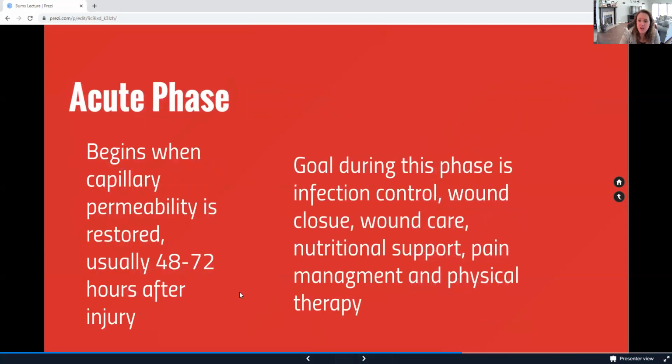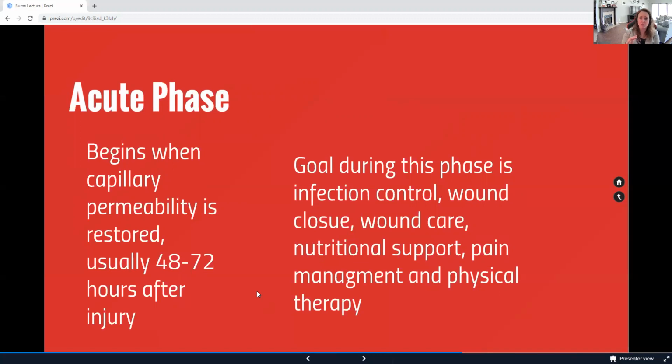And then when we move into the acute phase, this begins when our capillary permeability is restored. So we're no longer just leaking like a sieve everywhere. Our fluid has stabilized and is staying in the intravascular space. This usually occurs 48 to 72 hours after the injury. So the goal in this phase is to continue fluid status and electrolyte imbalance monitoring.